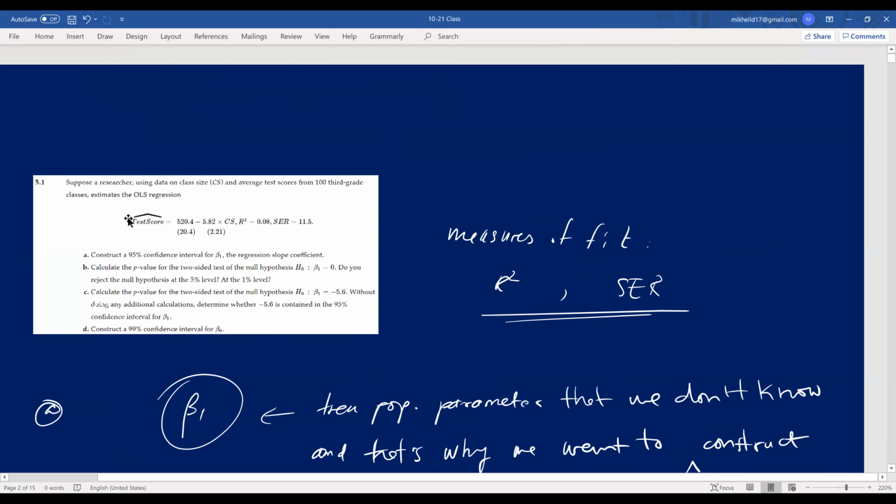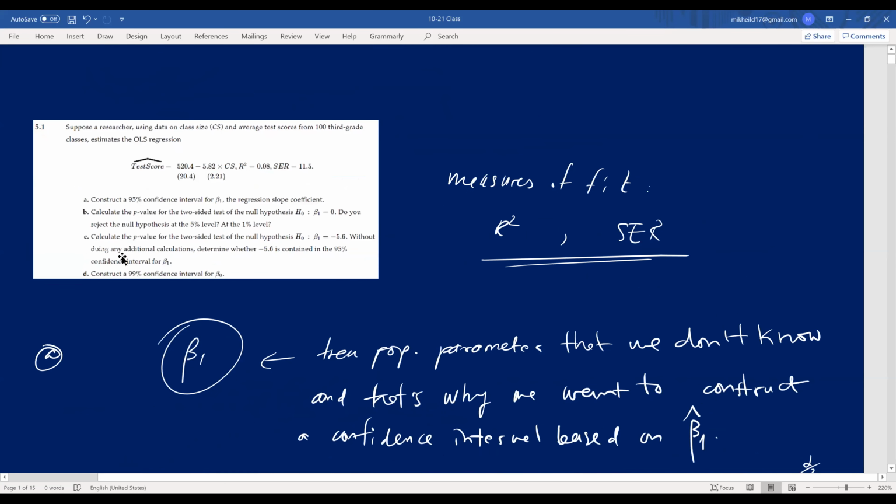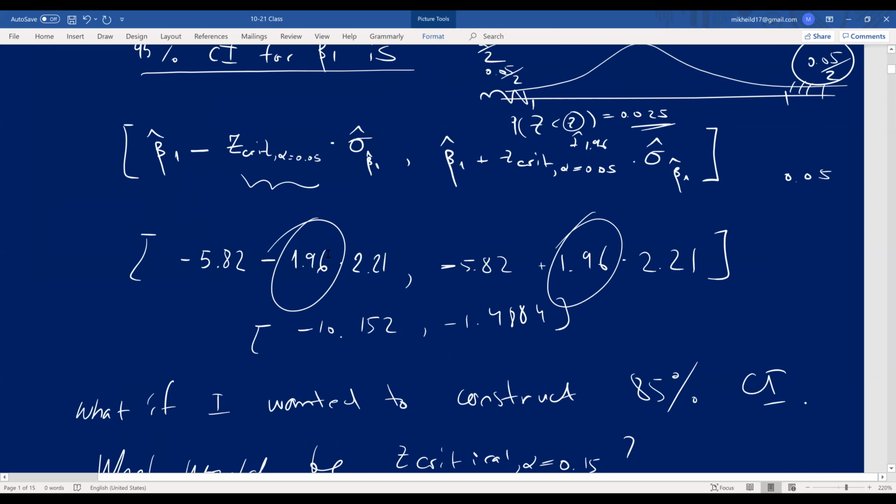Now we are testing a different hypothesis. In this case, we are testing that beta 1 is equal to -5.6. And we are not required to do any additional calculations. And why? Because we don't really need it, right? So let me copy this again.